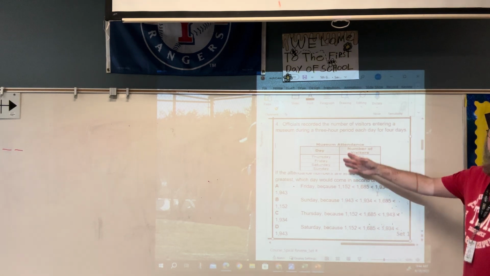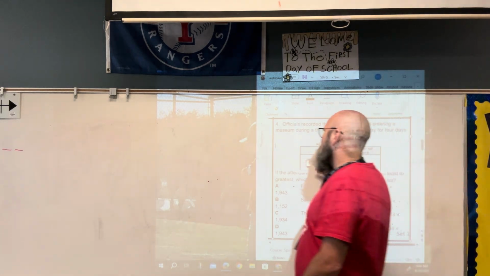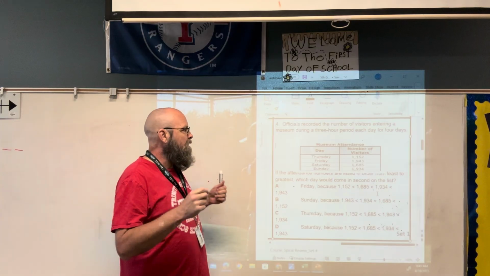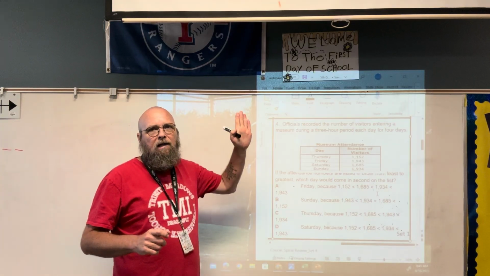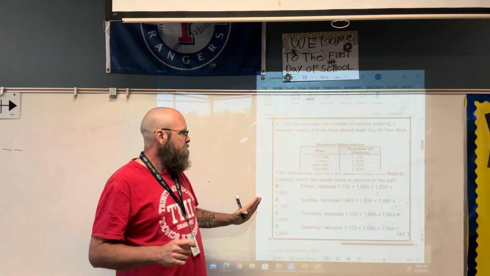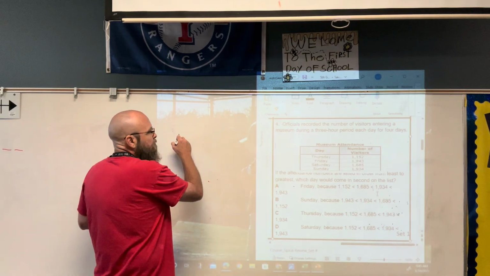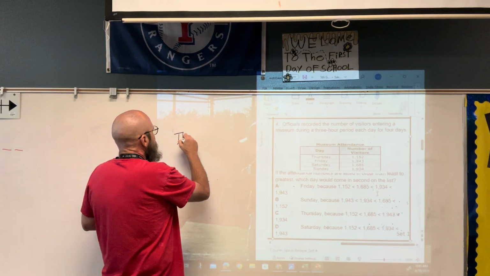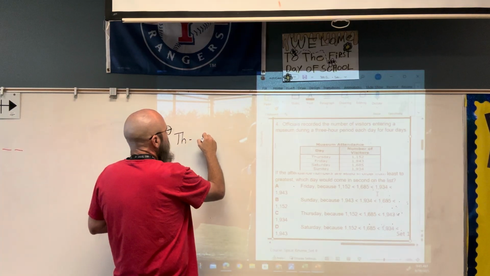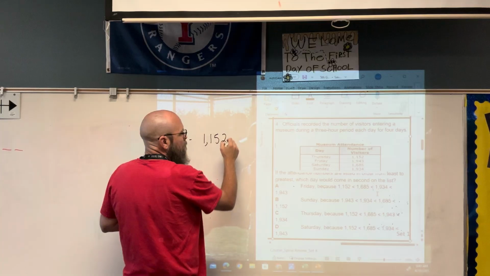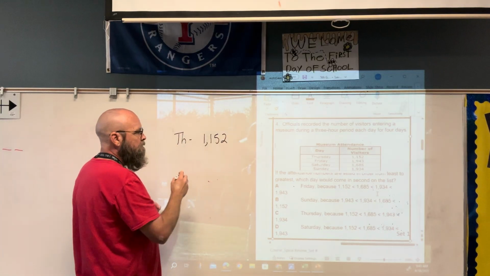We are comparing whole numbers. When comparing whole numbers, I need you to write them down, lining up the place values. So if I have Thursday, I have 1,152 visitors.